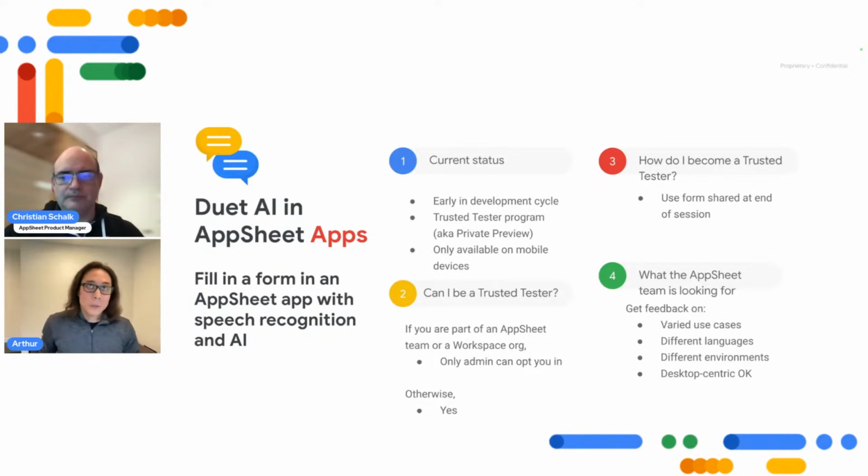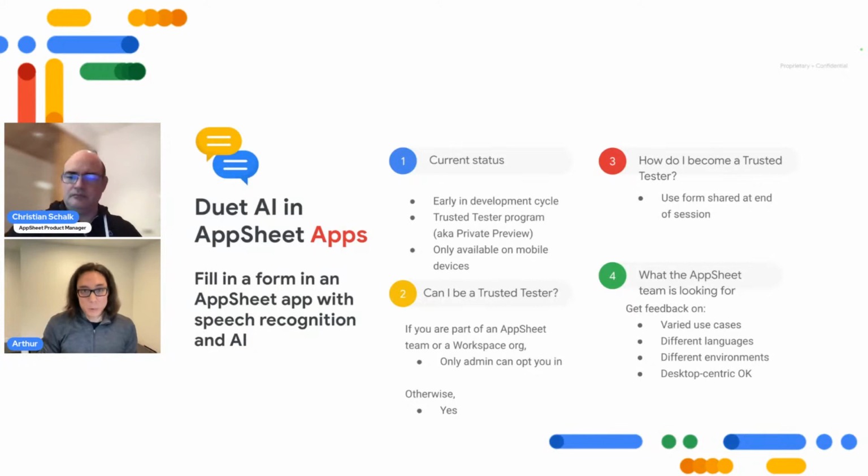The one thing that you need to be aware of is we have limited space. It's in trusted tester private preview, so we're not enabling everyone. So we're going to be limiting who can access, and we're going to decide essentially based on a number of criteria, which gets me to my fourth point here.